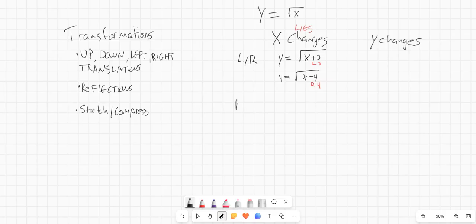So it's opposite of what you think. Now we can also do a reflection. And this would be if you change the x, a reflection of the x change. If you think about something changing the x, it's actually a y reflection where the x changes. And the x itself will be negative.